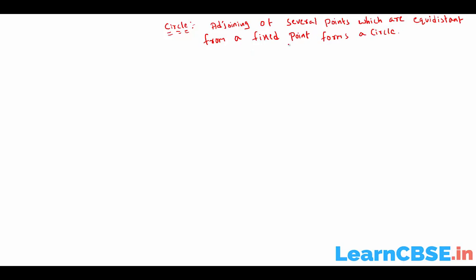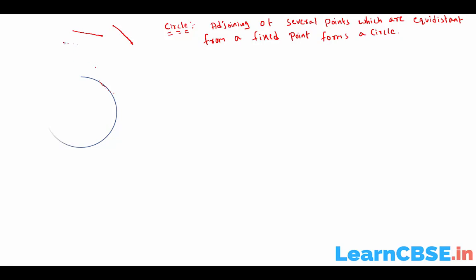Let me get the figure once. See here, adjoining of several points. Adjoining means joining by side. Observe, these are 2 points. You can join these 2 points, and there is 1 point here, 1 point here.